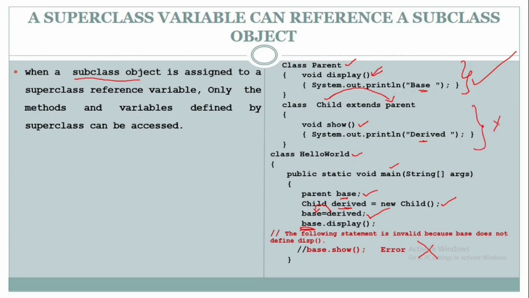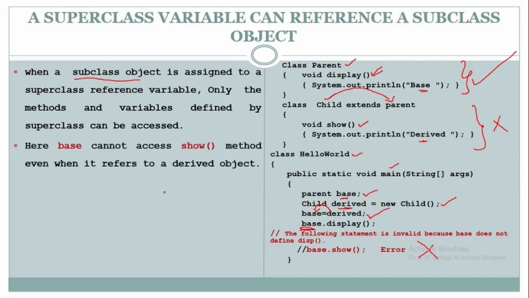Here the superclass variable is trying to access the method defined in a child class. In that case, the compiler throws an error. But that particular line is commented. So what is the output here? As you can see, the output is base, because using the superclass variable I can access display but not the show method. That's it about this.